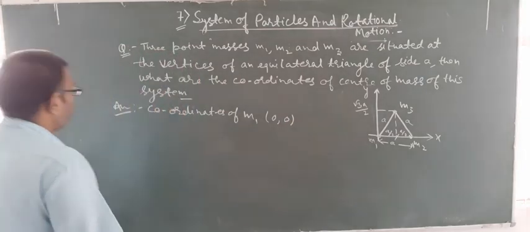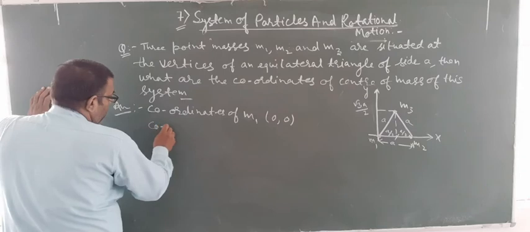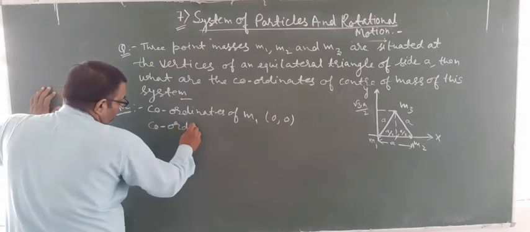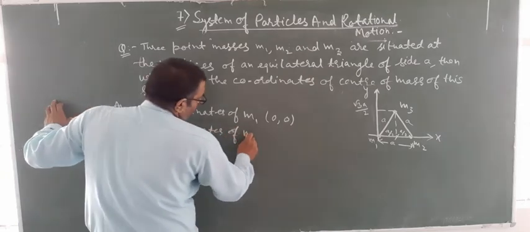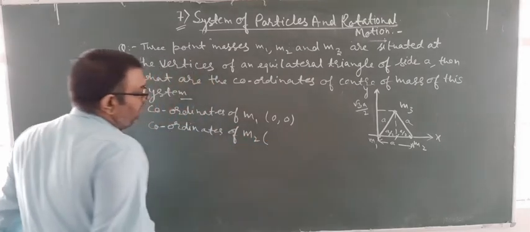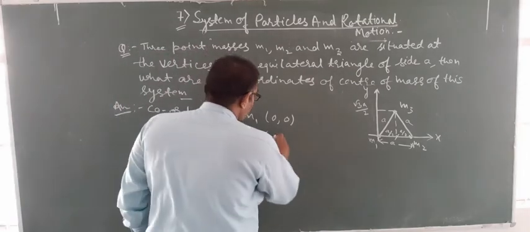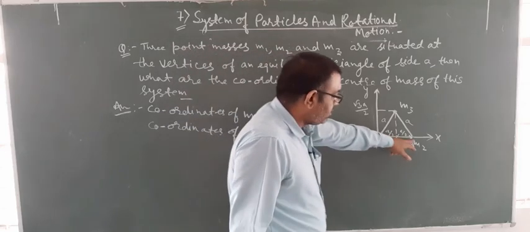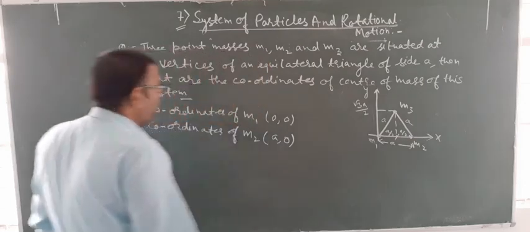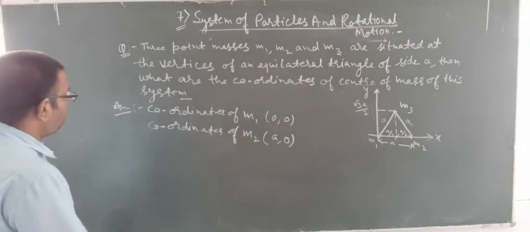Then the coordinates of M2 are (a, 0), because this distance is a.